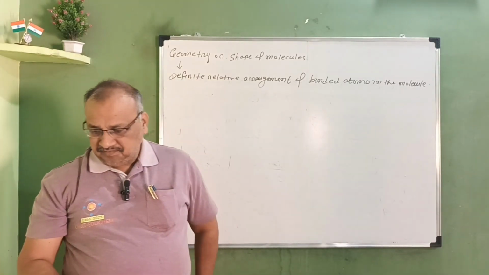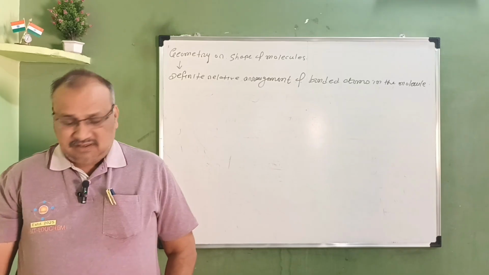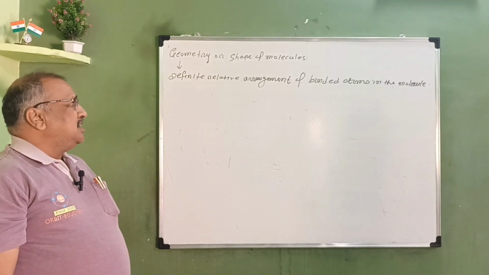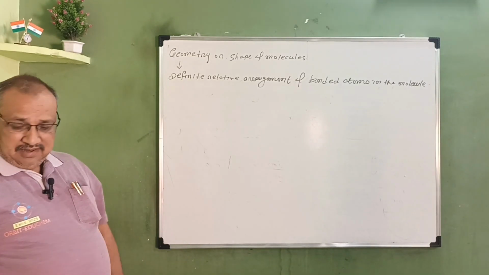Geometry or shape of molecule is nothing but the definite relative arrangement of bonded atoms in the molecule.